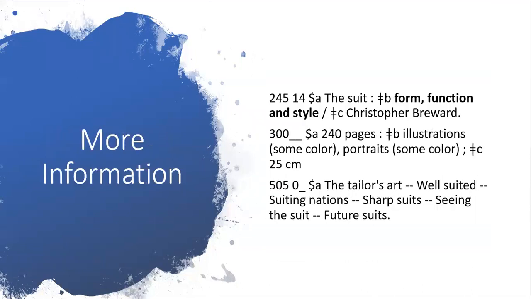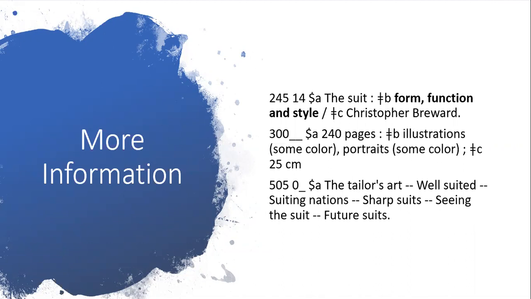So what other information do we have about this book? I realize that this MARC format would not be inside the book, but I'm using it as a way to find some more information about this book that I need to catalog. So we have a subtitle, which is Form, Function, and Style. That gives us a little bit more information so that we know that the suit is discussed from several different perspectives.